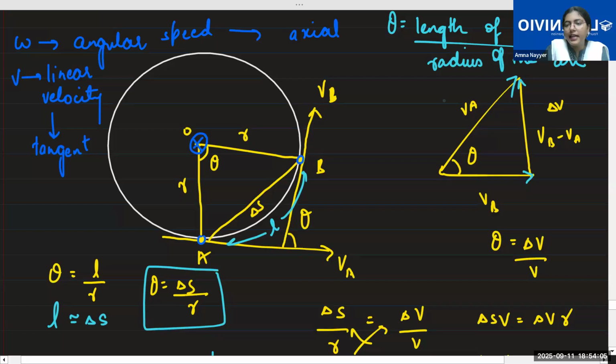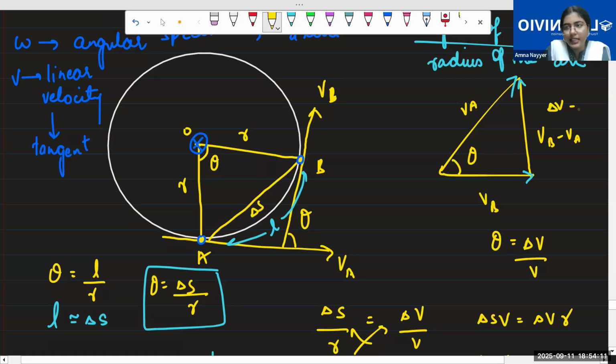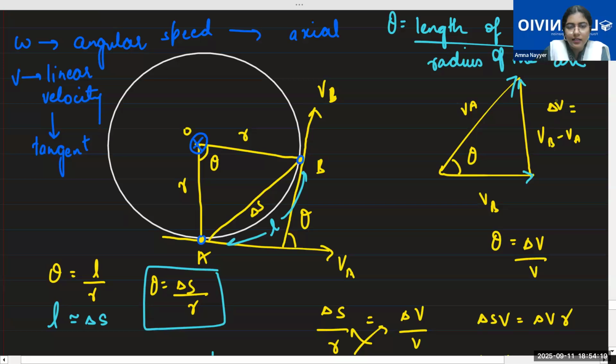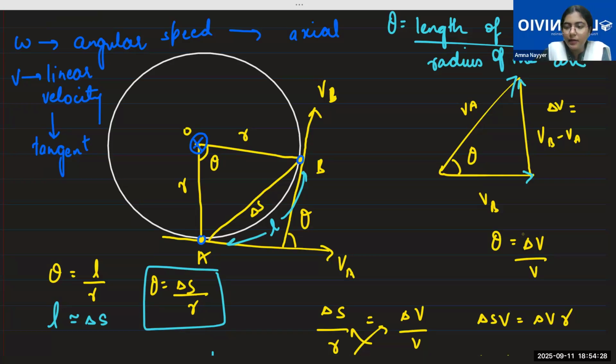Similarly, on the opposite side, with the same logic, the change we are getting is delta V. So this time it will be delta V by V, because the length is of the velocity itself. So delta V by V is theta, and theta is also delta S by R. Can we equate them, since both give the same angle theta?